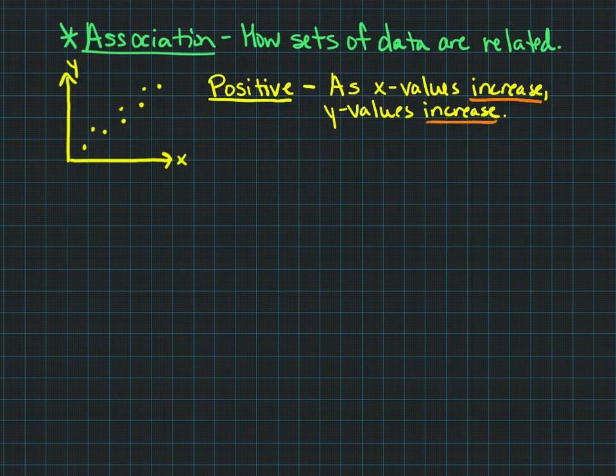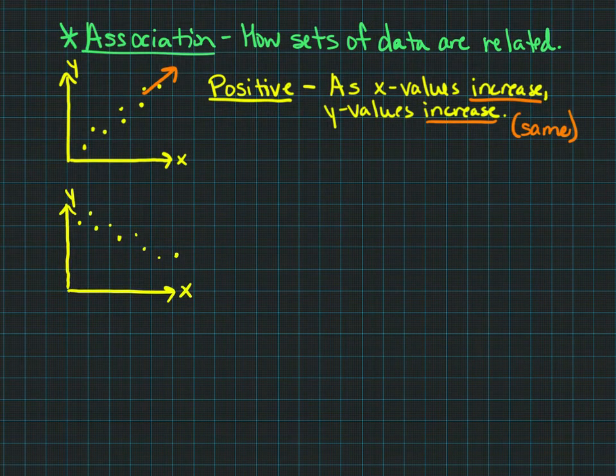Notice they both increase. They're doing the same thing. One's increasing, the other one's increasing. We could also say if the x values were decreasing, then the y values would also be decreasing, and it would look the same. Notice that this positive kind of looks similar to slope in that the trend is going up to the right.